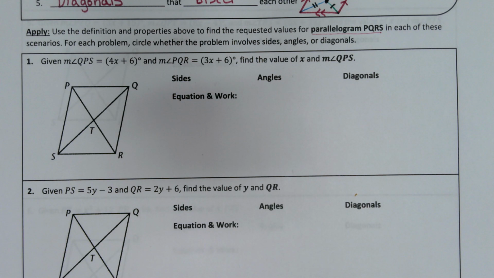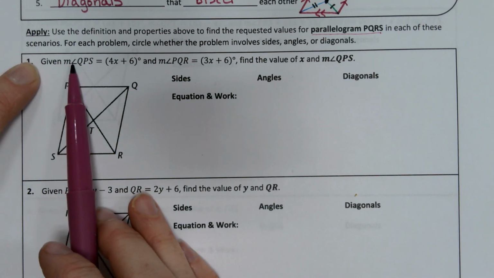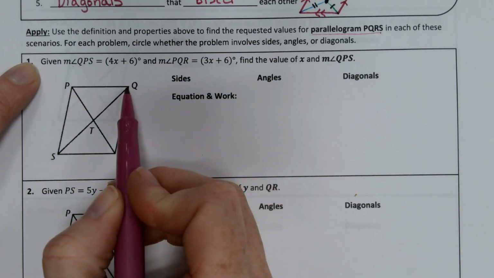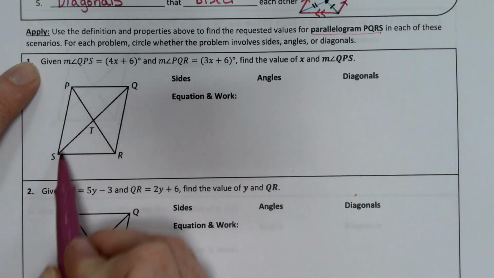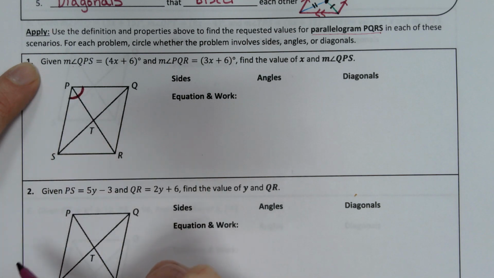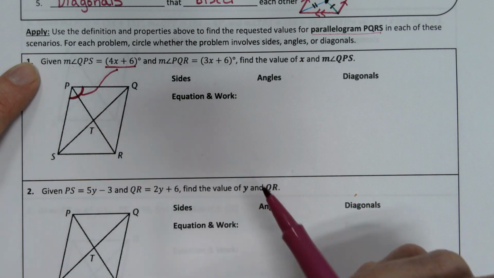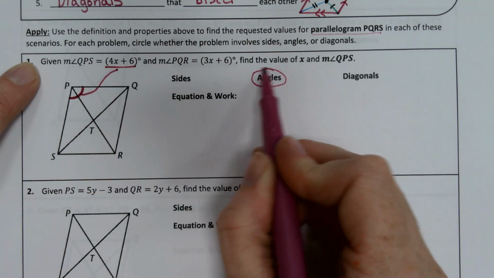So, as we look at example number 1, they're telling me about the measure of angle QPS. So from Q to P to S, that whole entire angle, that whole entire corner, is going to be equal to 4x plus 6. So this is going to be a problem about angles.